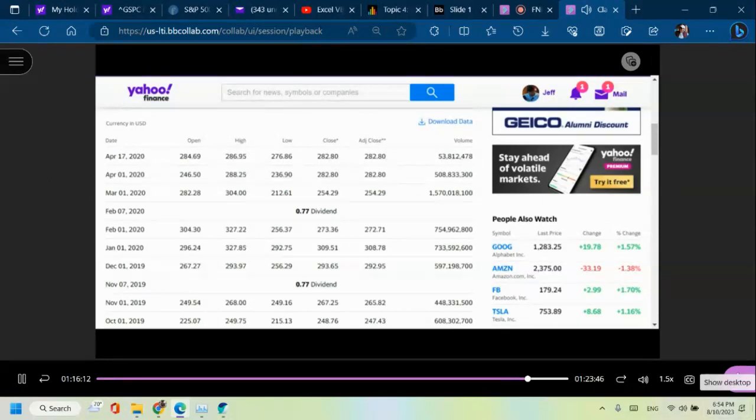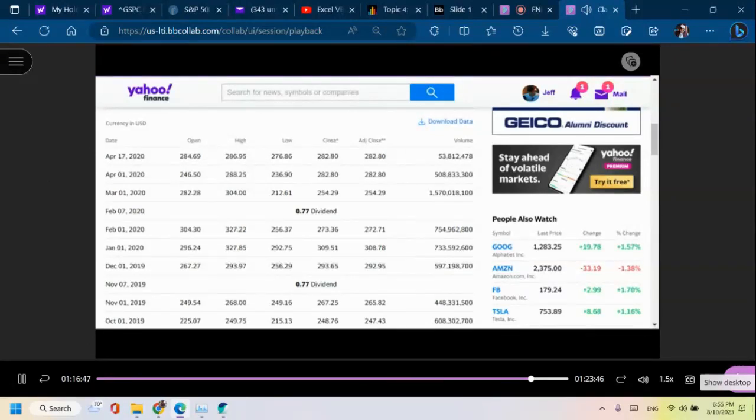I'm going to first sort it in descending order, so the most recent comes on top. Then I'm going to copy the entire data set, open another sheet and paste it there, because I'm going to leave the original data set as it is.